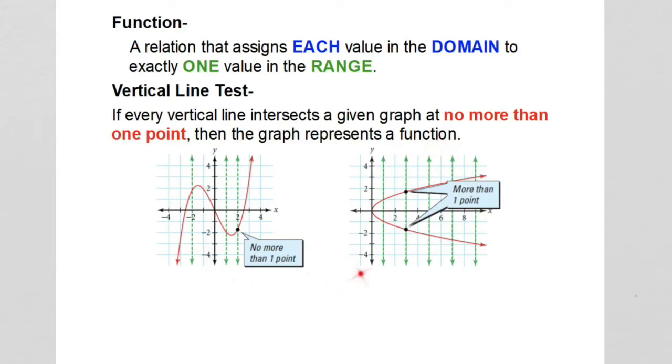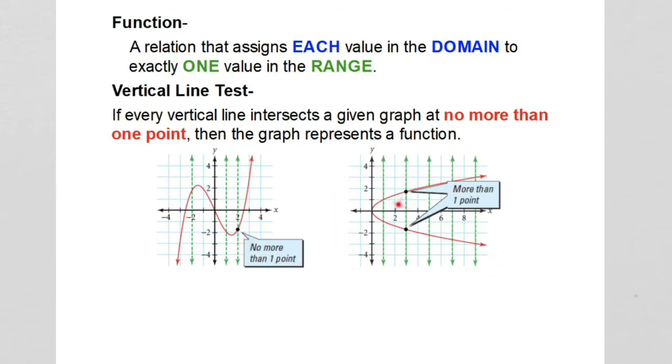So now we have two images that display visually what this sentence is trying to deliver. For example, here you can see that the vertical line only touches the graph at exactly one point. It doesn't matter where the vertical line lies on the graph, it's only going to touch at no more than one point.